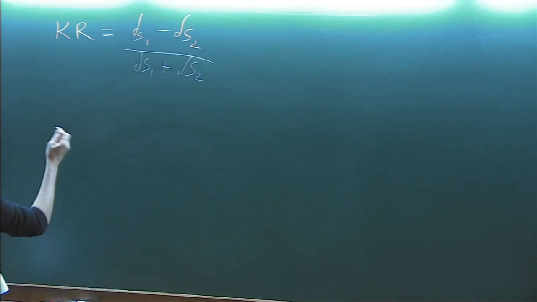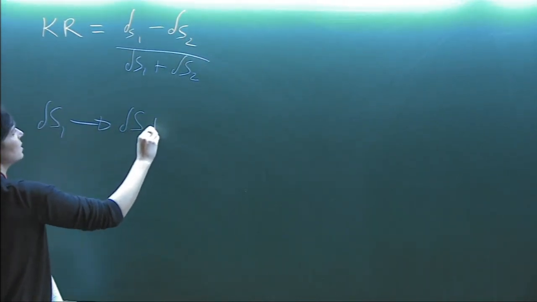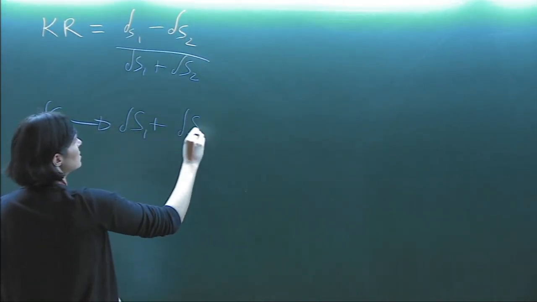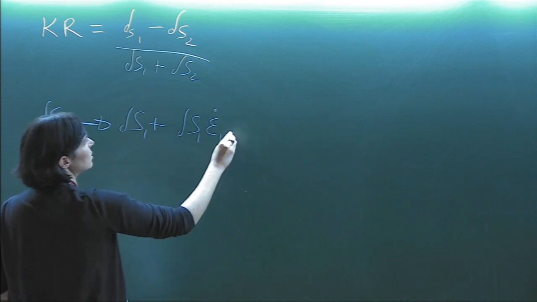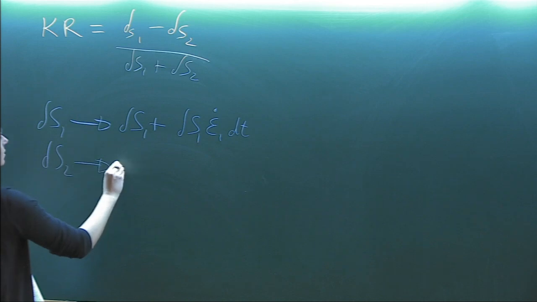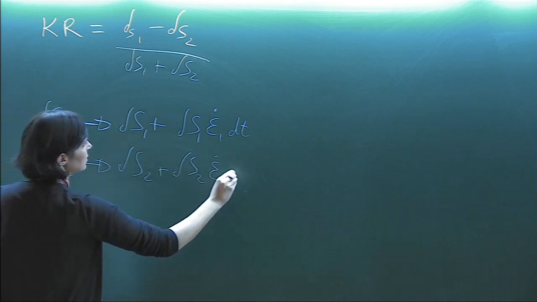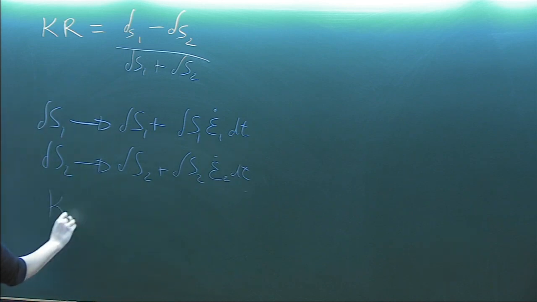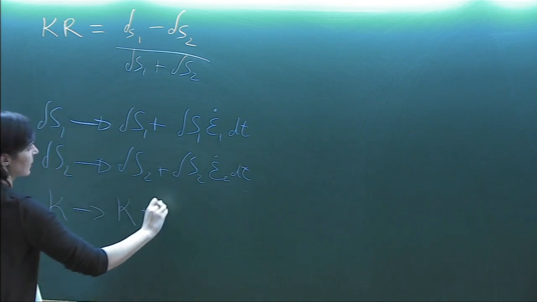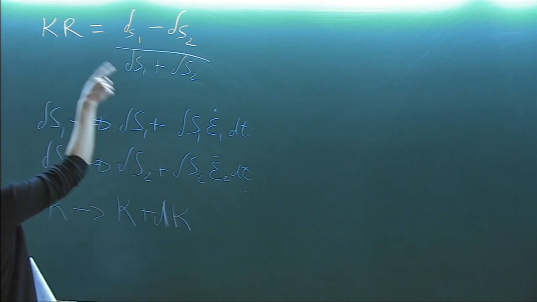And we said that delta s1 goes to delta s1 plus delta s1 epsilon 1 dot dt. Okay, so let's substitute this in this equation.